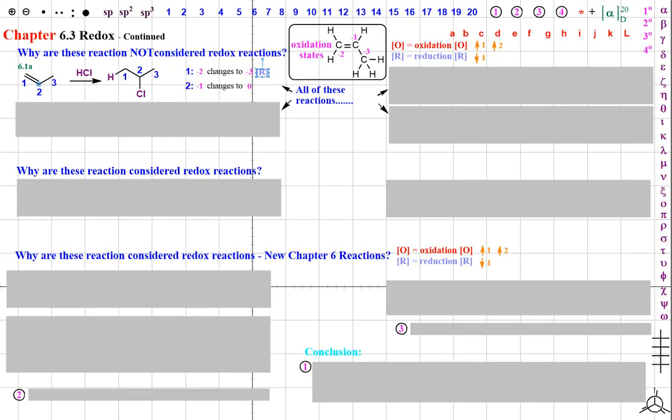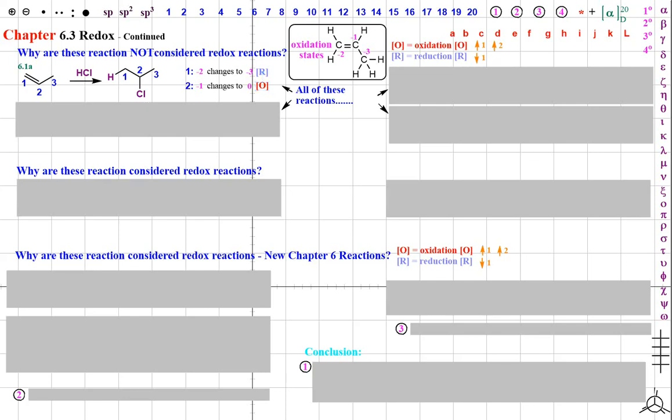Carbon number 2 went from being -1 to a bond to hydrogen for a -1, a bond to chlorine for a +1. Those add to 0, and the 2 carbons add to 0 as well. We call this an oxidation because it went from -1 up to 0. So in our first reaction, we had a reduction and an oxidation in the same molecule.